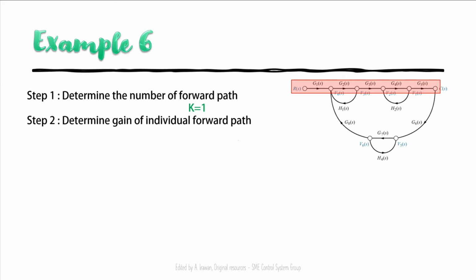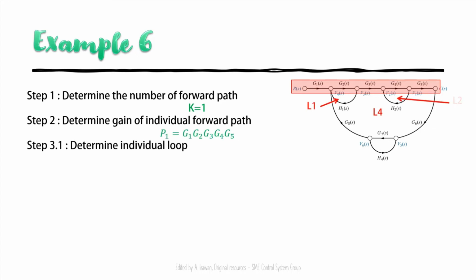Then determine the gain of the individual forward path. The gain for P1 is G1, G2, G3, G4 and G5. We multiply all those gains, and that one is P1.